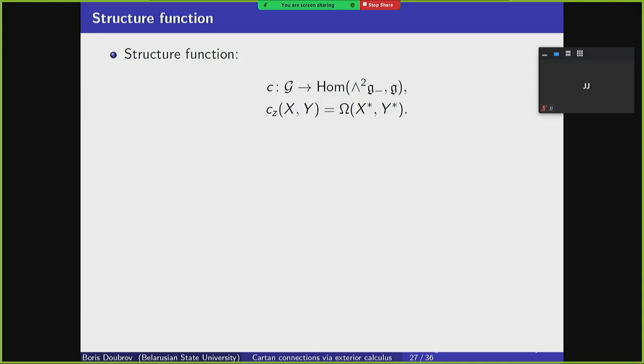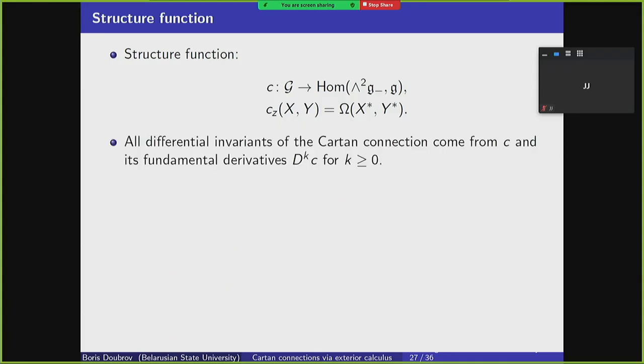So curvature is a two-form. Instead of speaking about two-forms, we want to speak about certain sections of some bundle, which we can then differentiate. In this case, it's just plugging fundamental vector fields into curvature. We get this map, and I put here G minus.